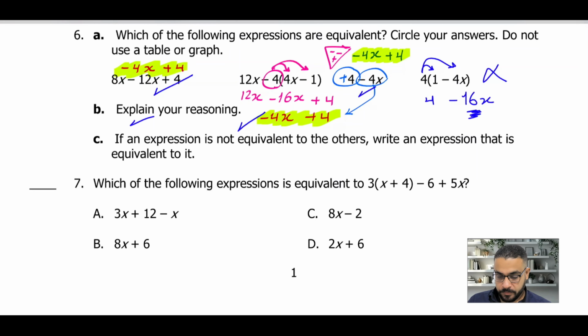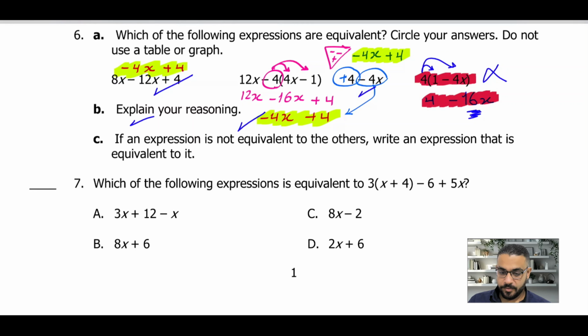Explaining, I did. If an expression is not equivalent, he's talking about this one, so write the expression that is equivalent to it. When I multiplied or used the distributive property, I got another equivalent form to our expression.